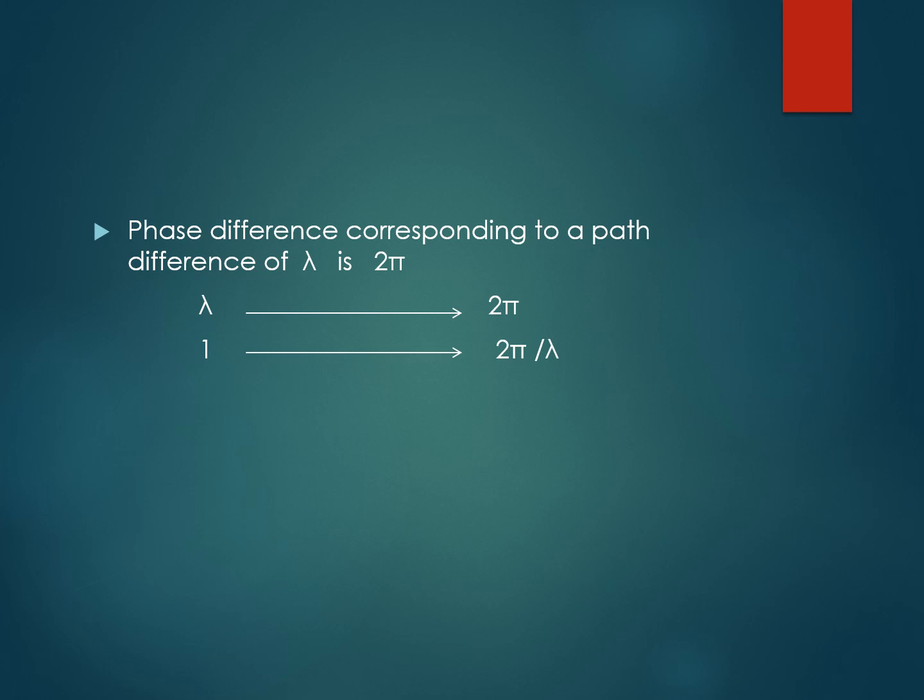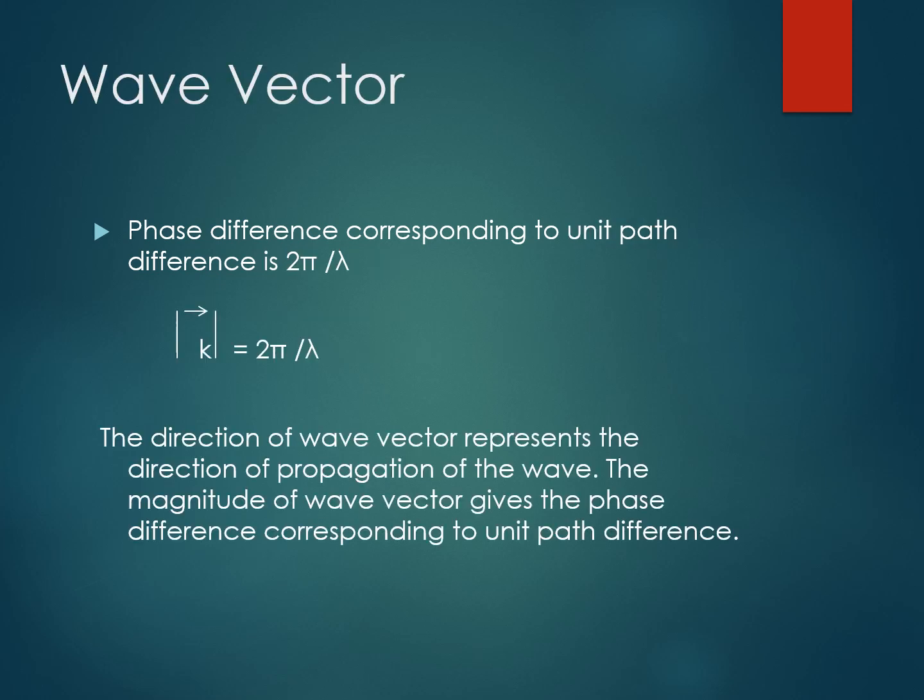Now, the phase difference corresponding to unit path difference will be 2 pi by lambda. And this 2 pi by lambda we are taking as the wave vector k; the magnitude of wave vector k is equal to 2 pi by lambda. So the direction of wave vector represents the direction of propagation of the wave, whereas the magnitude of wave vector gives the phase difference corresponding to unit path difference.